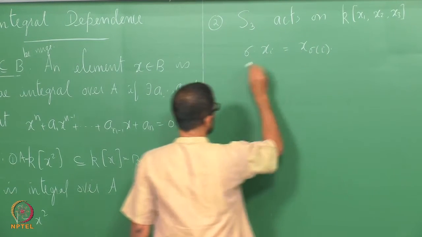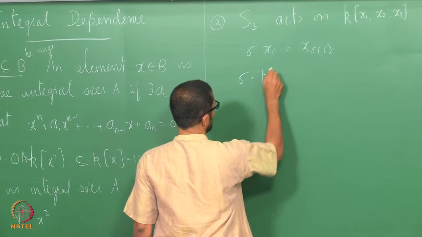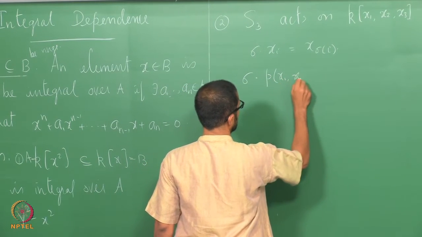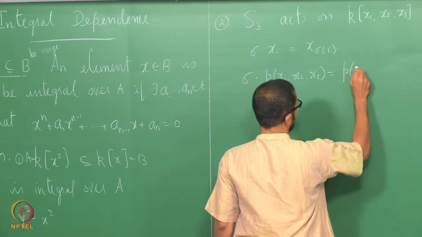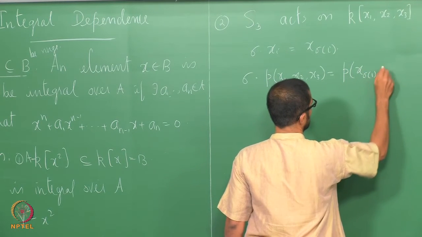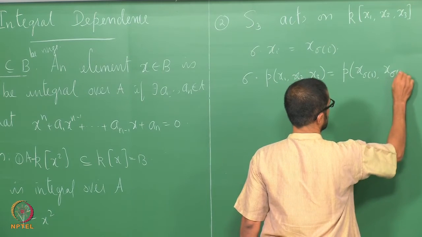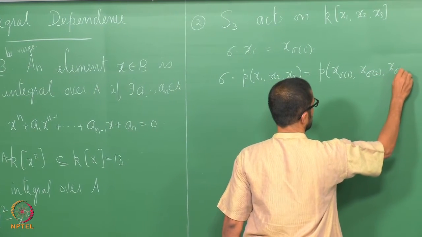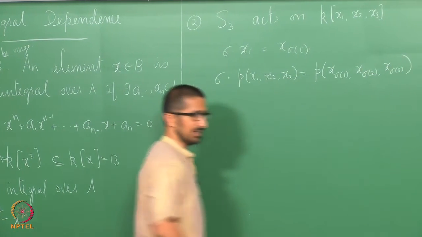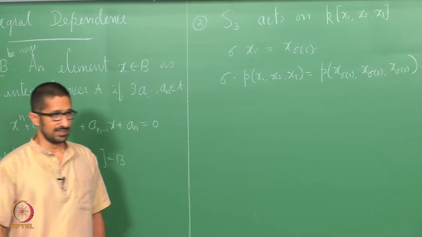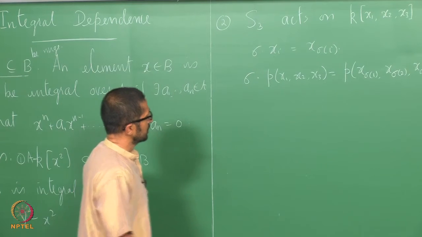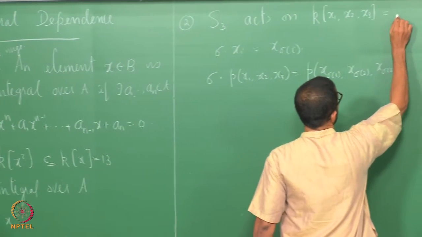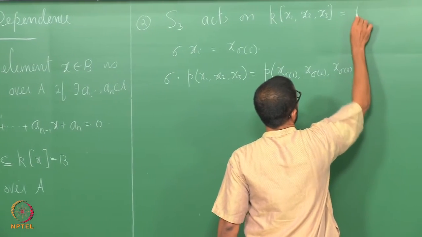This is in general sigma acting on any p(x1, x2, x3) is p(x sigma(1), x sigma(2), x sigma(3)). Okay. Then this is a group action. Now let me call this ring R.